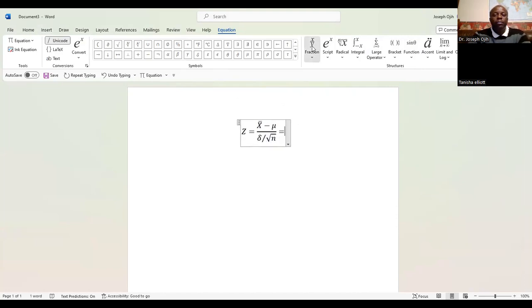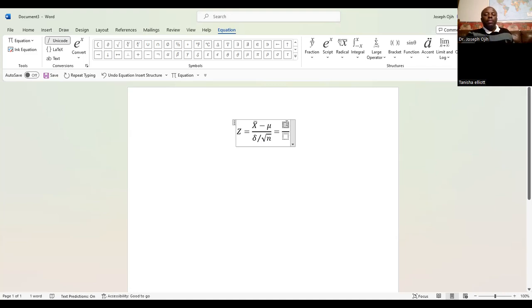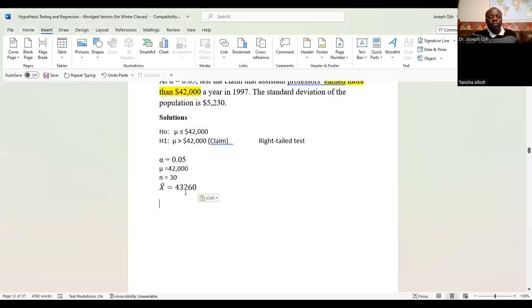As you can remember, we have the summary statistics in the other work we considered right here. x bar is 43,260, n is 30, mean is 42,000.